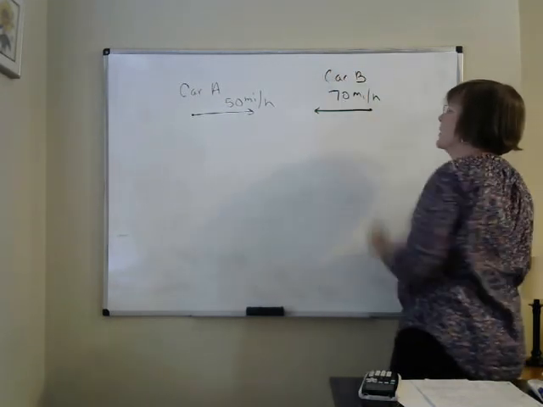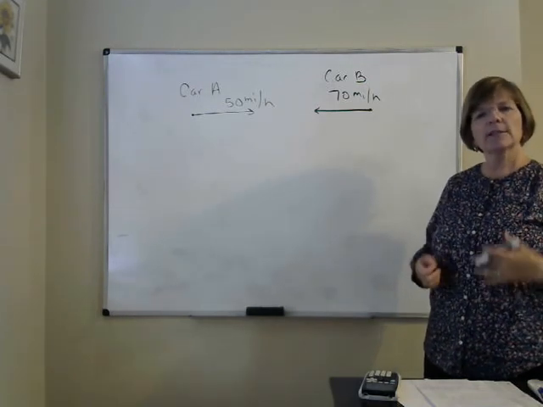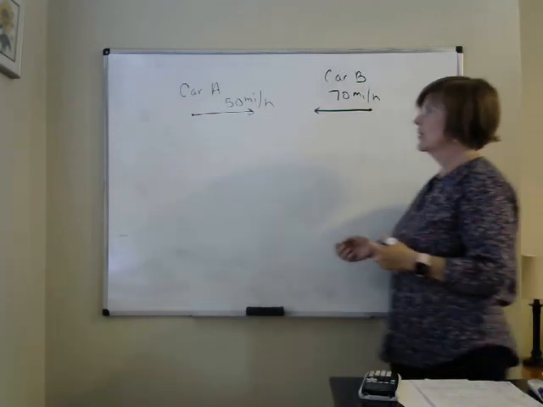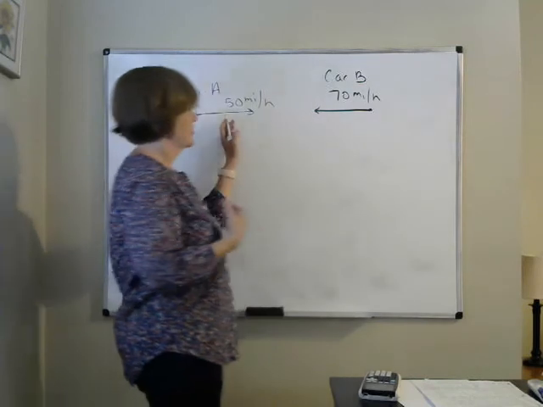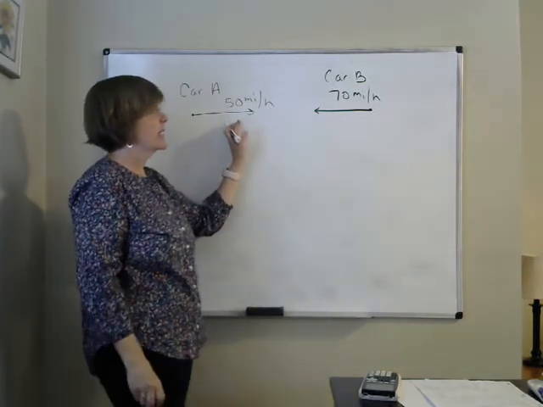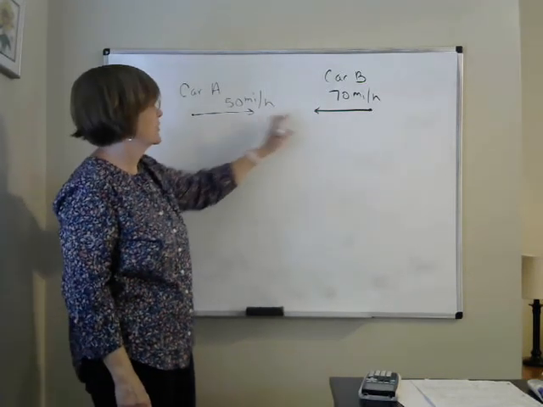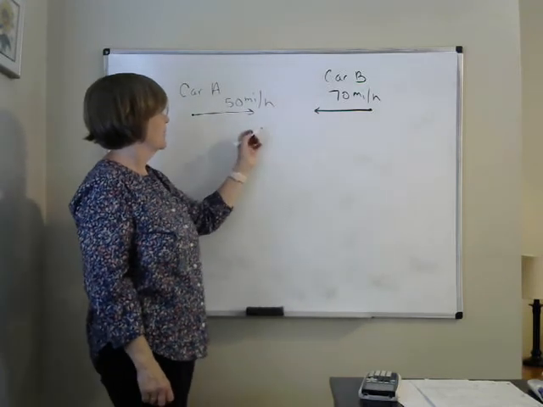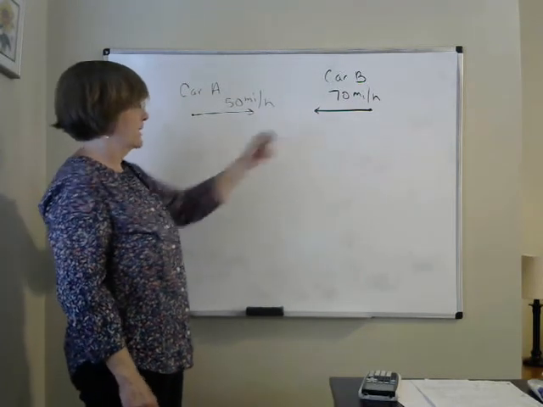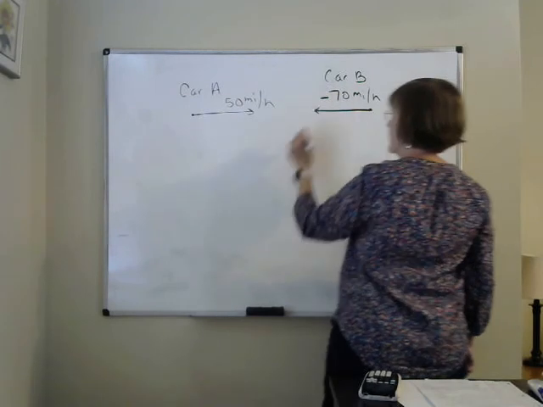Both of those are speeds that are measured relative to the Earth. But we can also talk about speeds relative to each other. If you are in car A, you are stationary with car A. You feel like car B is approaching you at 120 miles an hour because that's how quickly the gap between the two cars is closing. You would consider car B to have a speed of 120 miles per hour, negative, because it's going in the negative direction.